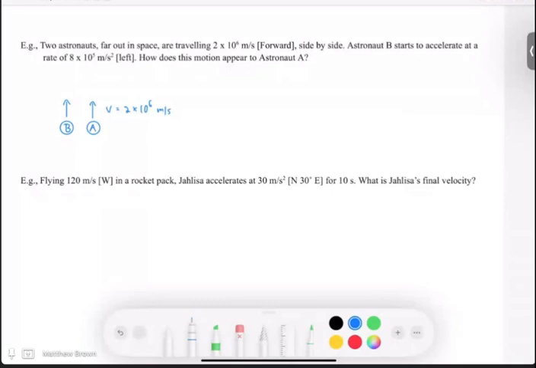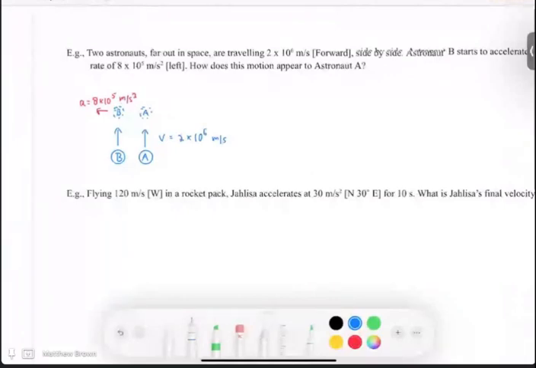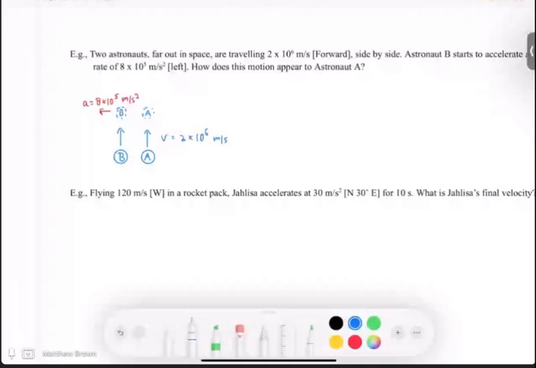And then B starts later to accelerate at 8 times 10 to the 5. That's about the best I can try to represent the situation or what's happening here. So how would this appear to astronaut A?